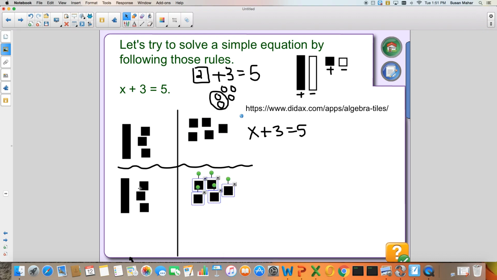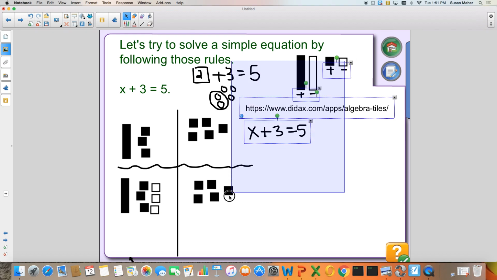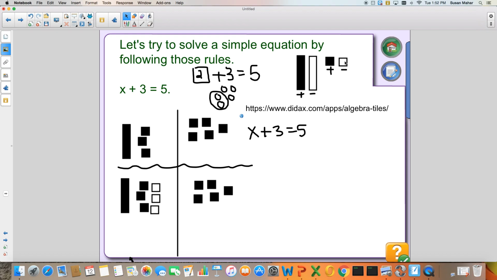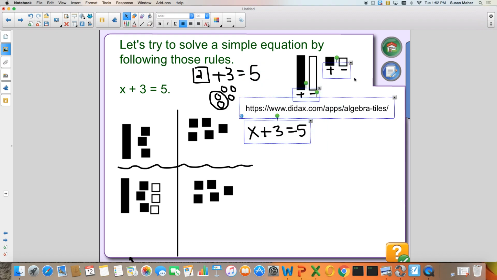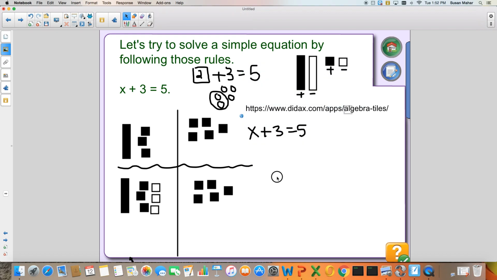And I'm going to put 3 negatives over here. 1, 2, 3. And if I put 3 negatives on one side of my equal, I have to put 3 negatives over here as well.